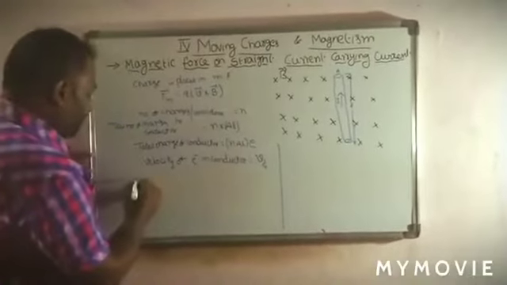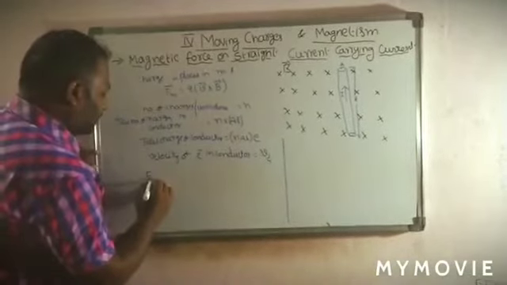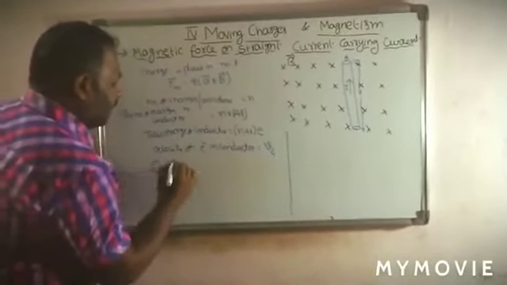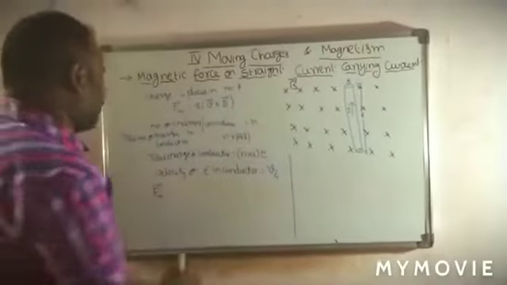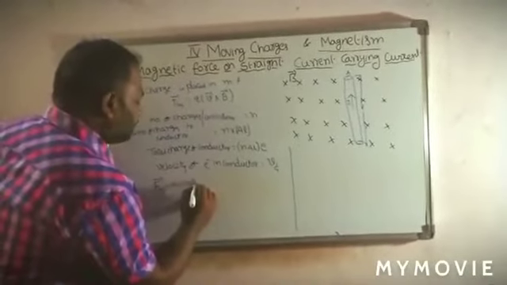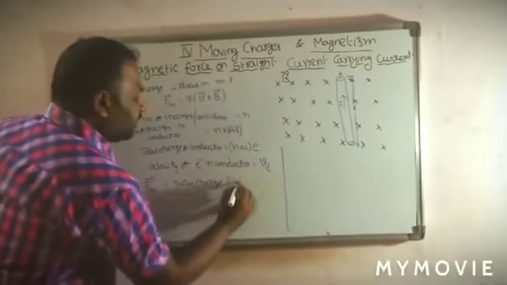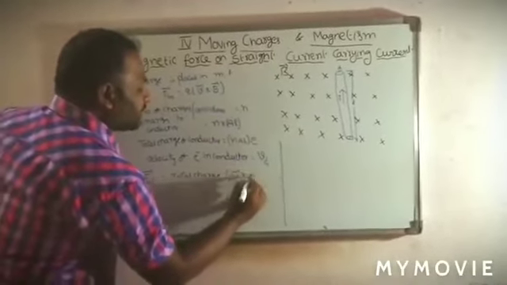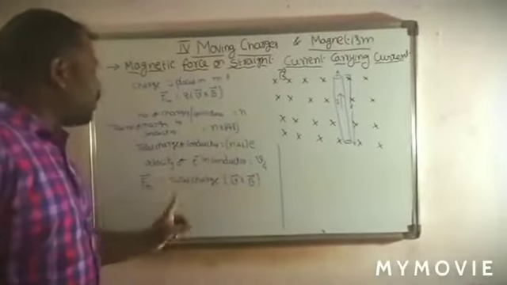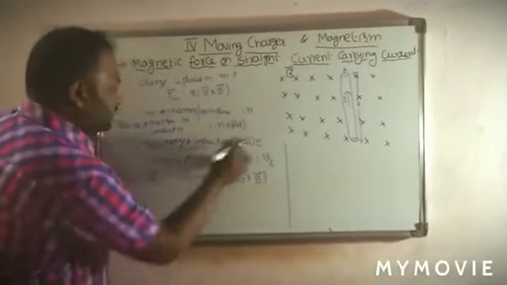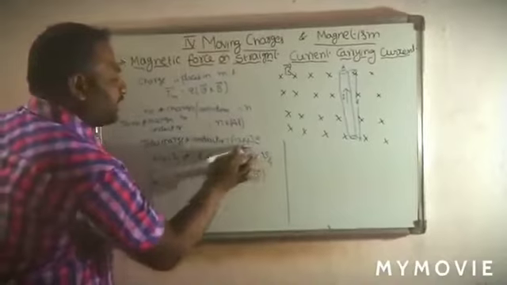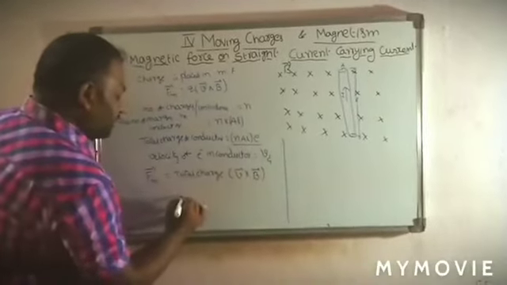Now from this, the magnetic force on the conductor is nothing but total charge into V bar cross B bar. What is the total charge?